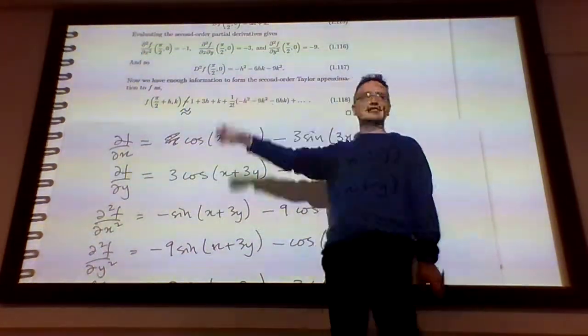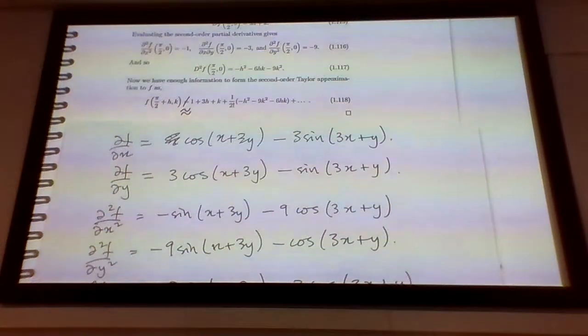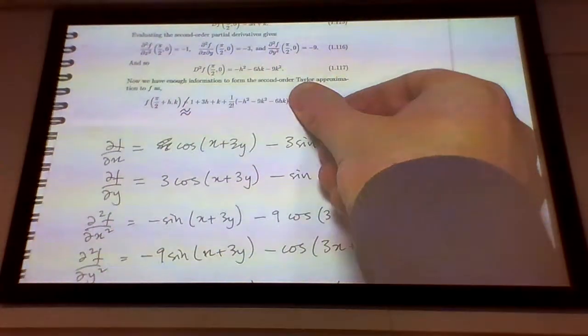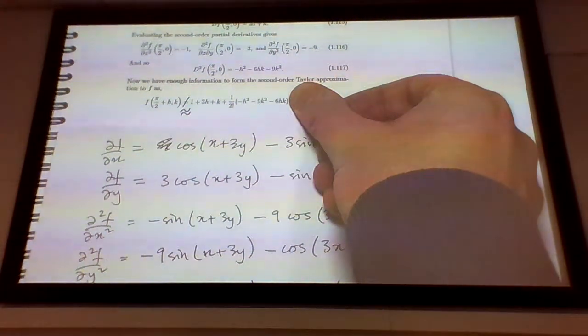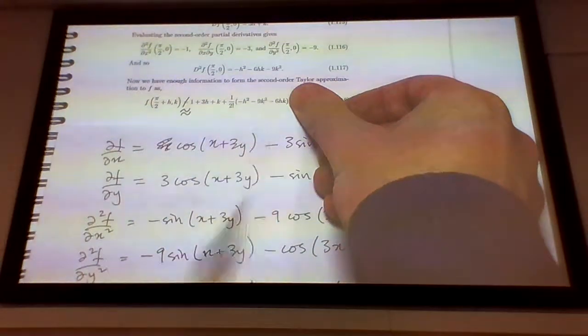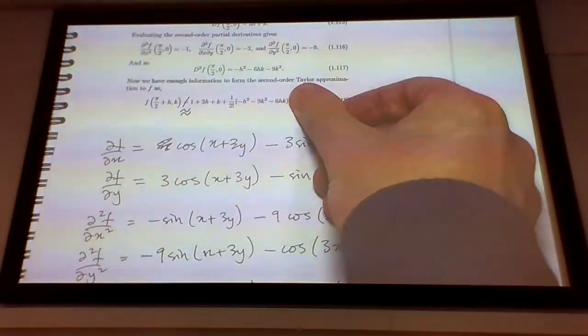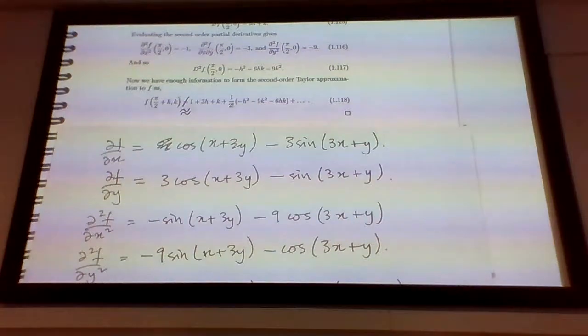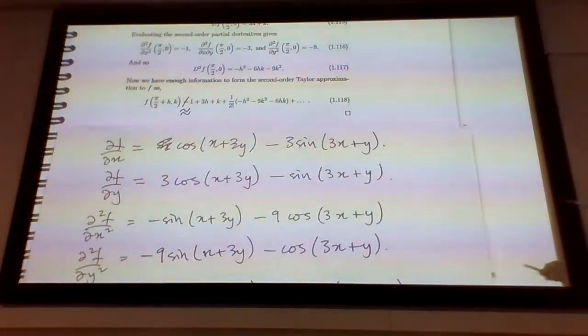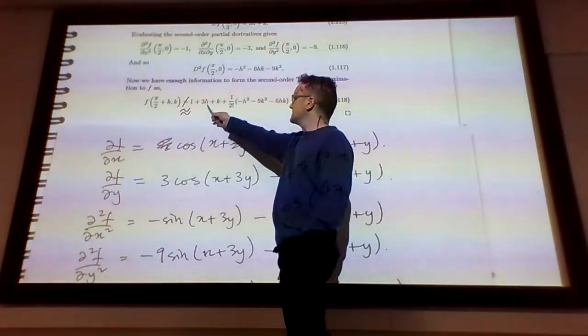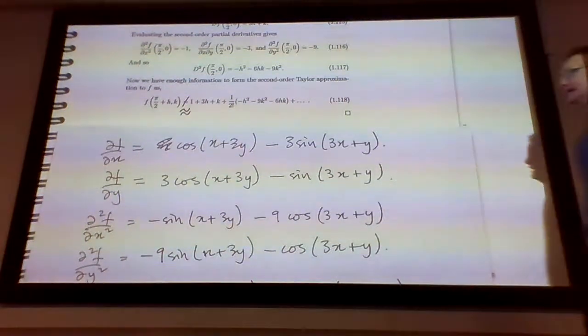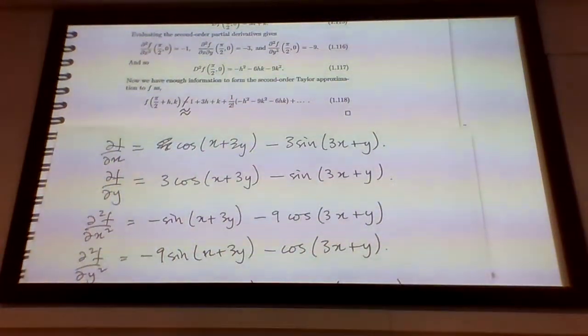So you could leave it as an equal sign. If the dots weren't there, then you should have an approximation. The function isn't exactly equal to this polynomial, but it's approximately equal to it. But with the dots, you could leave it as the equal sign, I guess. So we get this nice order 2 polynomial in h and k that approximates the value of the function.